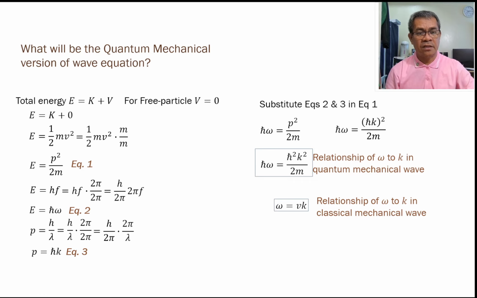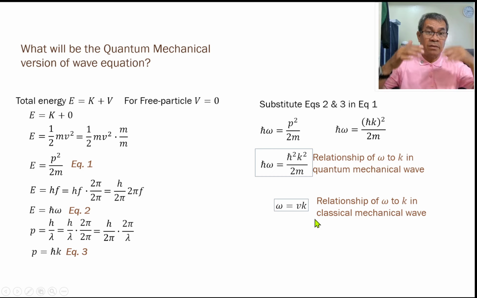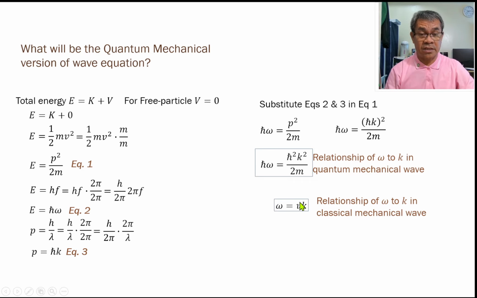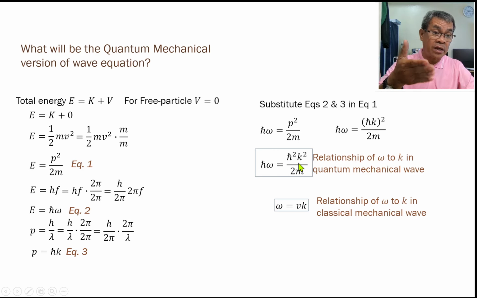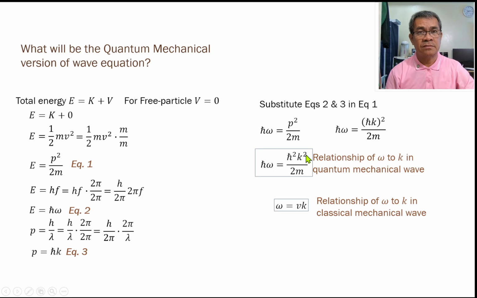Okay? Take note that the requirement in the classical system is that a function can be called a wave function if it satisfies this condition. In other words, it is in the family of solutions of the mechanical wave equation. But in a quantum system, for a microscopic particle, the relationship is directly proportional to the square of the propagation number, or the wave number.